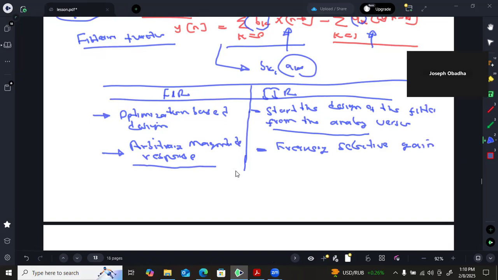Later we'll see the significance of the phase of the circuit when we apply it to filters. The IIR has a non-linear phase response, which is actually a disadvantage. You have no control over the phase.